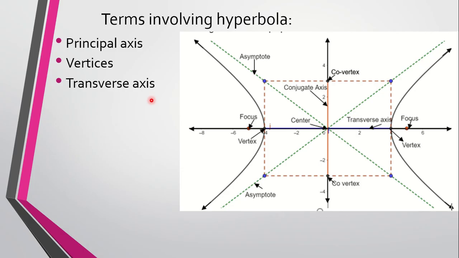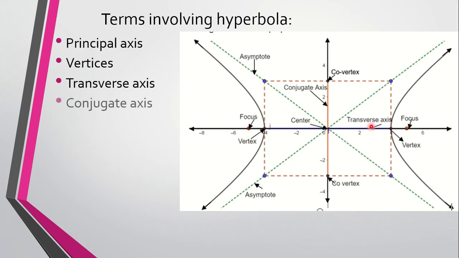Transverse axis naman, the line segment joining the two vertices. And the length of the transverse axis is 2a. So, ito yung two vertices natin. Itong segment na to, yan ang transverse axis.